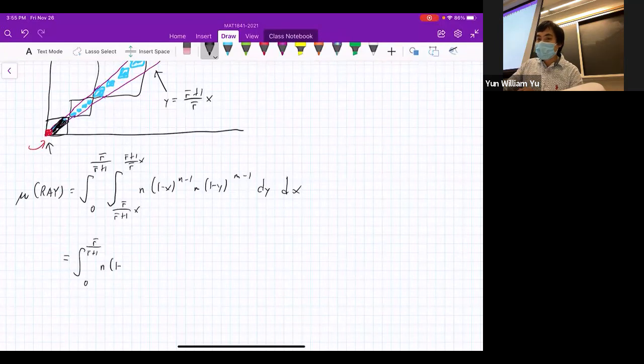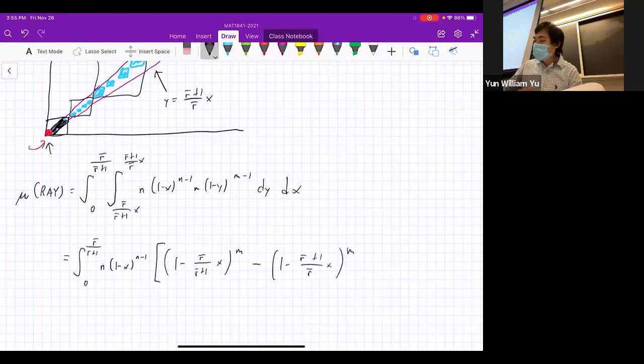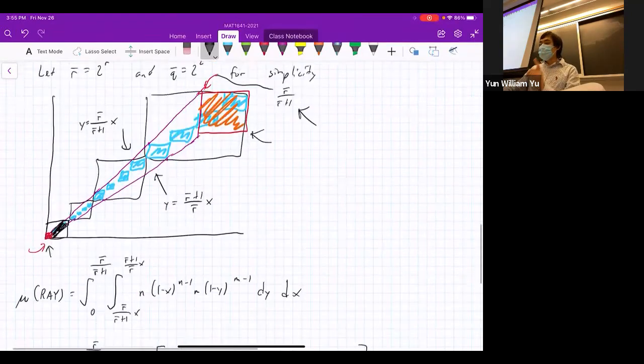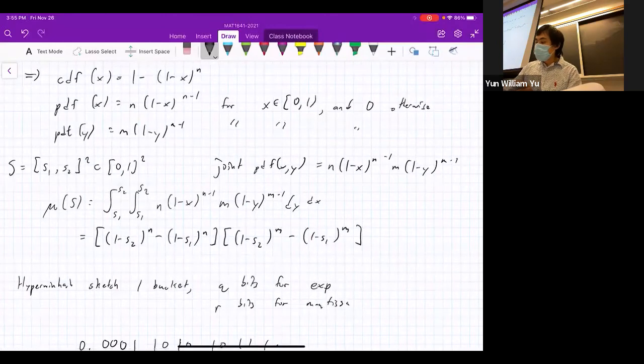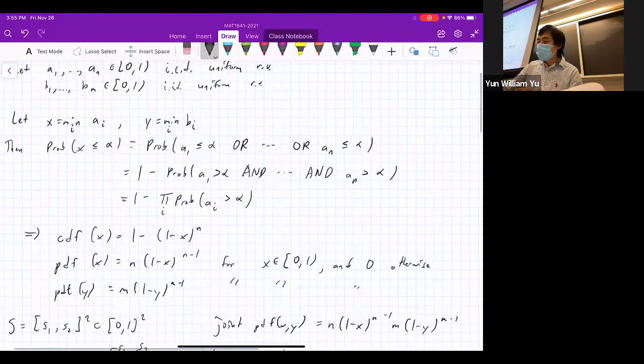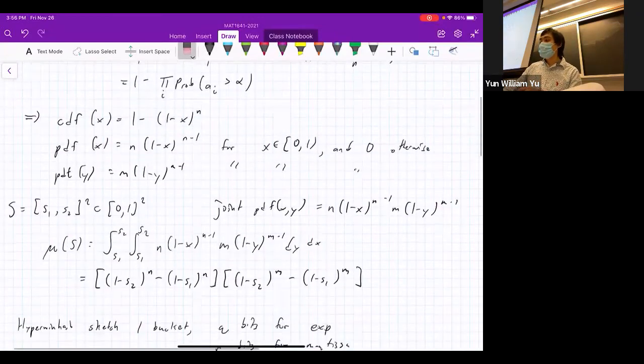It's going to be n times 1 minus x to the n minus 1 times (1 minus r bar over r bar plus 1 x) to the m minus (1 minus r bar plus 1 over r bar x) to the m dx, right? So that's just because we're basically using the CDF of just the y variable.